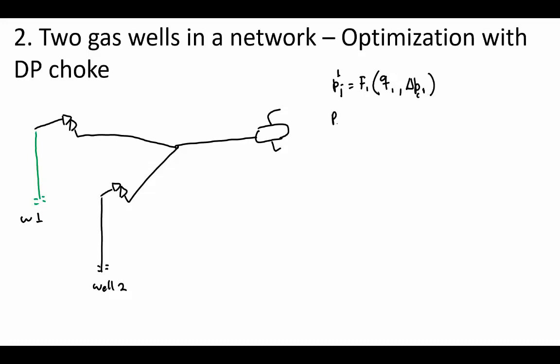Then the P junction as seen from well 2 is equal to a function of Q2 and delta P choke 2. And then the P junction is also equal to the flow line, which depends on Q1 and Q2.